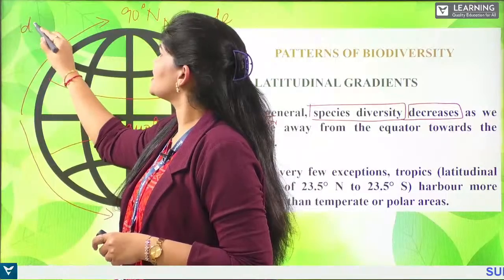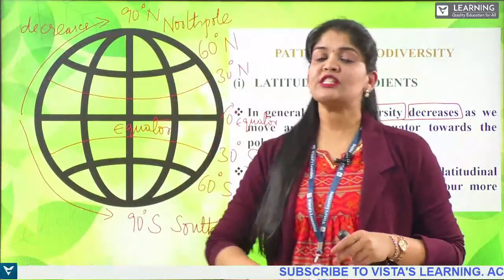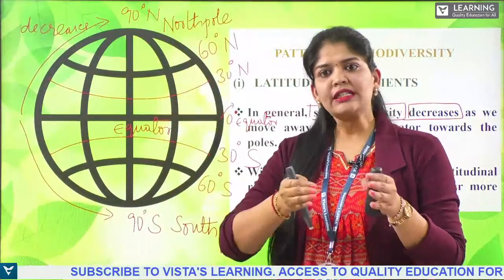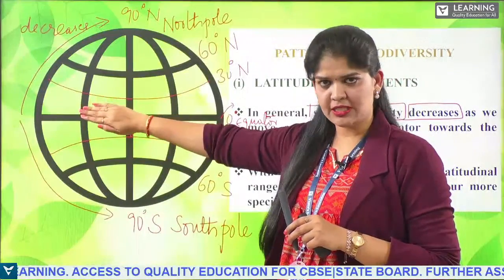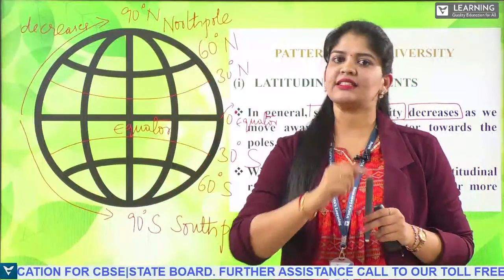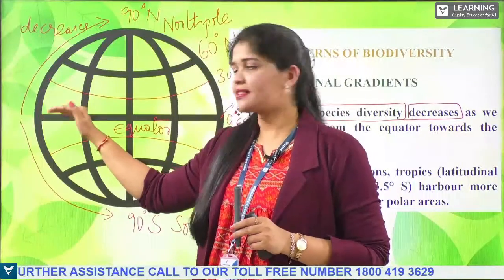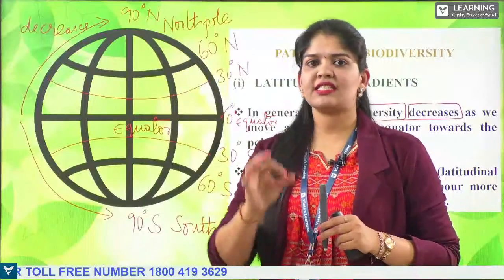That means more species diversity is present near the equator. If we start to travel towards the south, there is a decrease in the species diversity. And also from the equator, if you start traveling towards the North Pole, then also species diversity decreases.